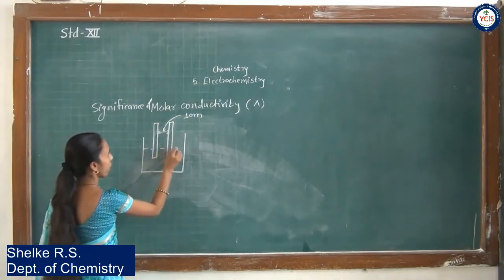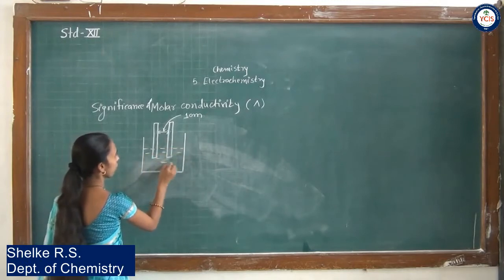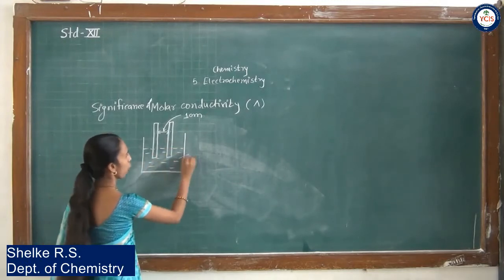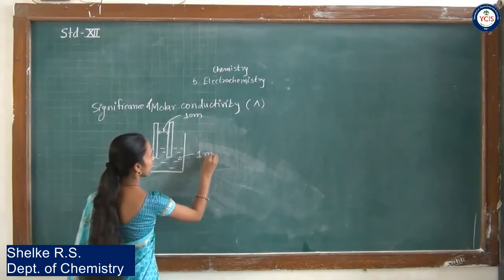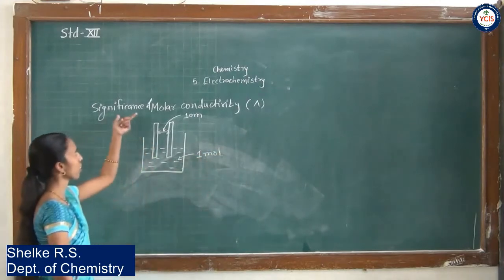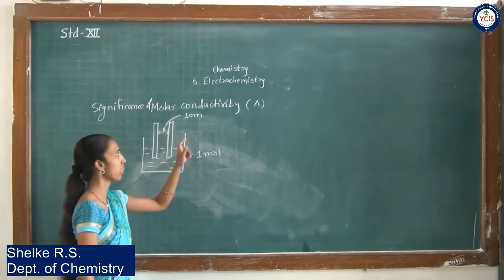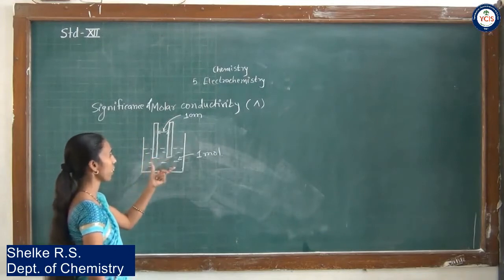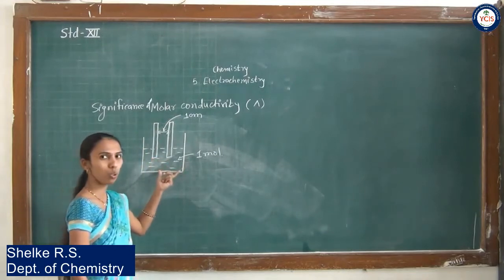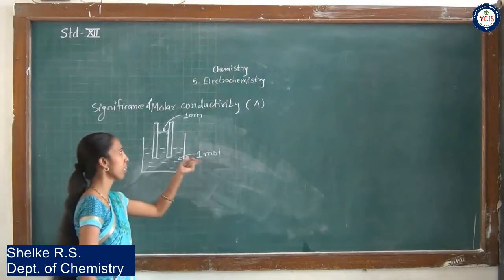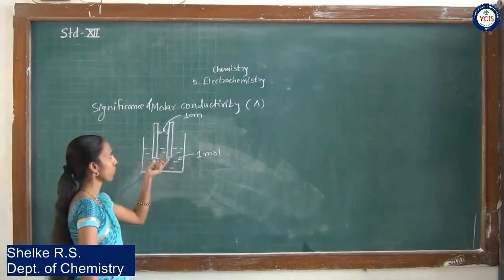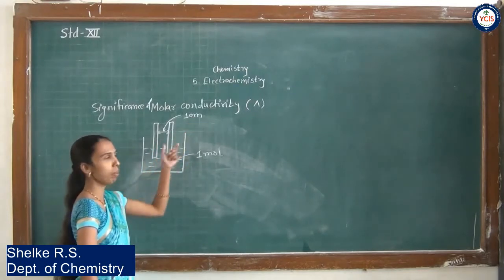The electrolyte in which the electrodes are dipped is a solution of 1 mole. So for considering the significance of molar conductivity, we have taken one container with an electrolyte solution of 1 mole, and two electrodes dipped in it which are 1 centimeter apart.